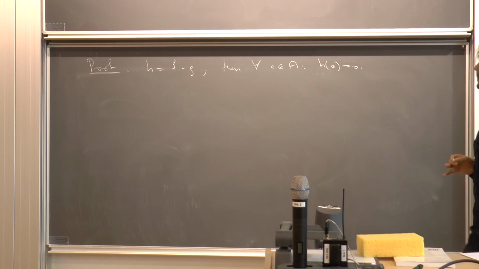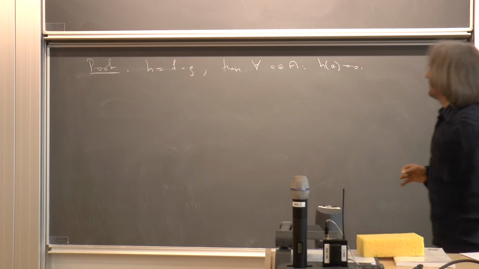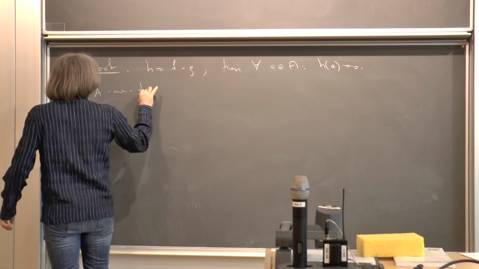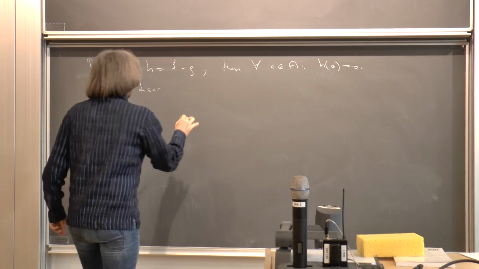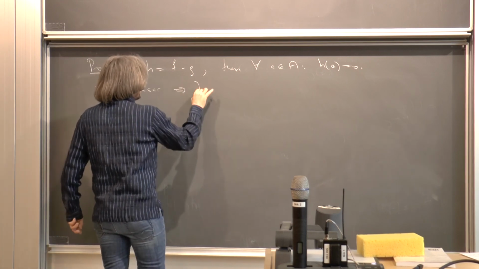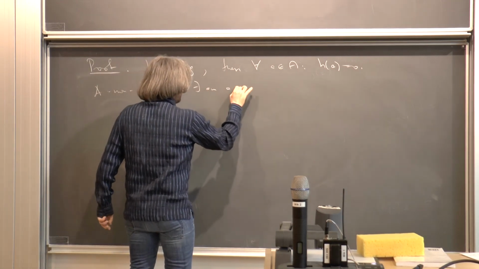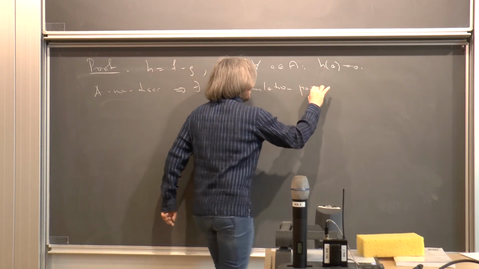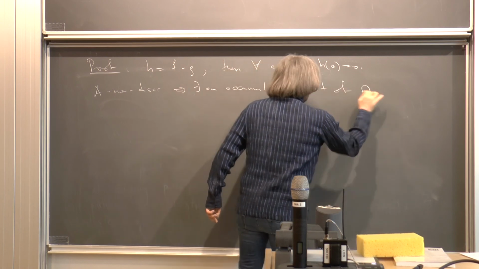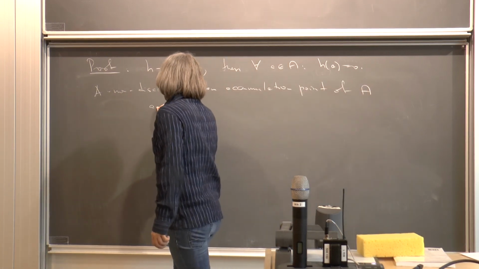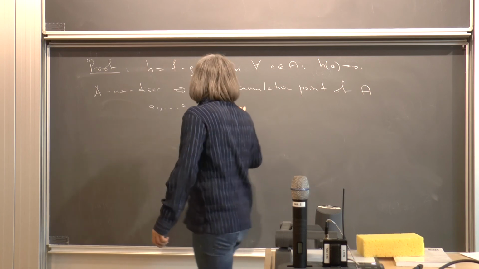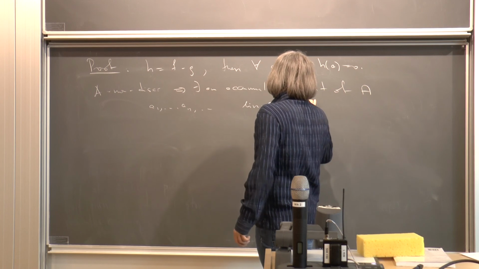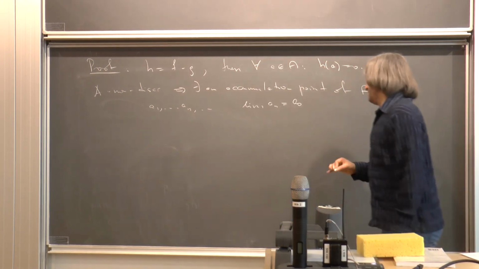So the fact that A is non-discrete means that there exists an accumulation point of A. So there's a sequence of points a1, an, and so on, such that the limit of an is a0, some particular point.